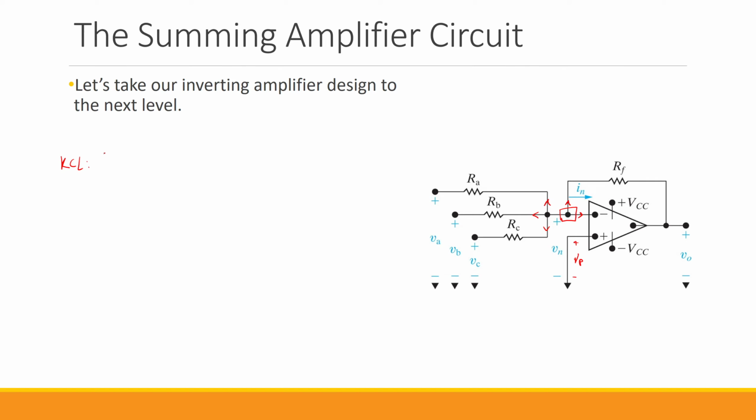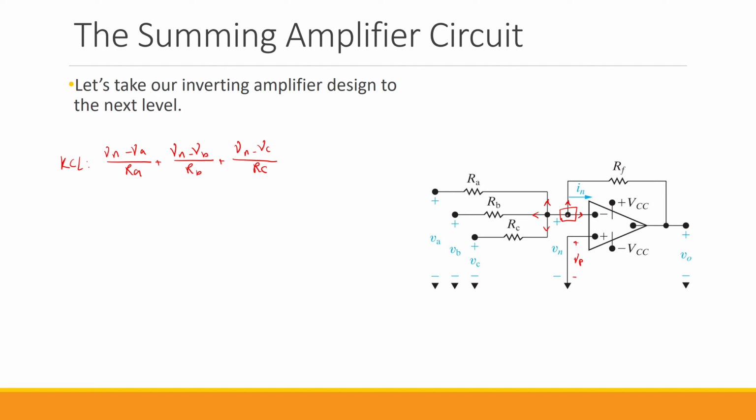So we have Vn minus Va over Ra plus Vn minus Vb over Rb plus Vn minus Vc over Rc. These are the three currents that we have here.